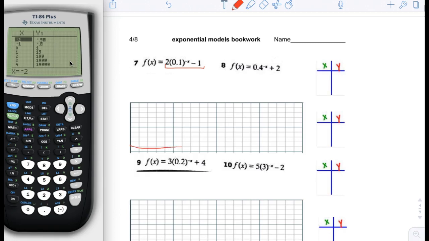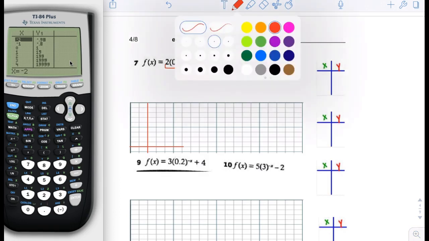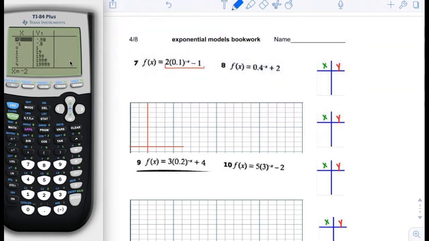We'll put the x-axis here, y-axis here. At -2, it's about -1. Then -1, -0.8. 0, 1.